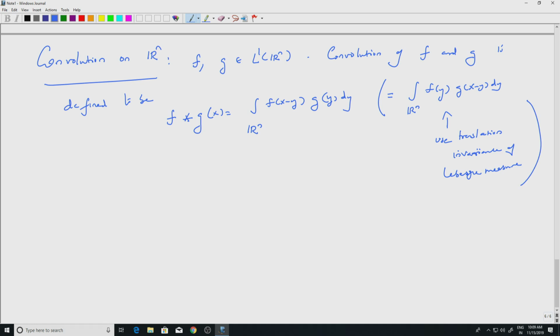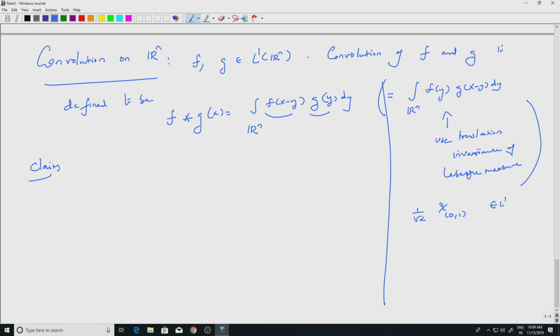Okay, so the claim is that, of course we don't know whether it exists or not, right? I have L1 functions, so if I multiply two L1 functions, the product need not be in L1. That is something you should always keep in mind. For example, you look at 1 by root x inside (0,1). This is in L1, I know.